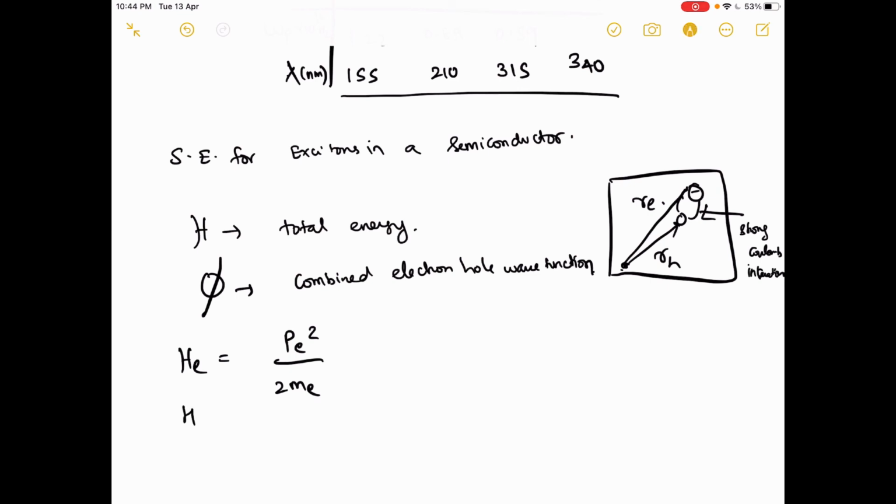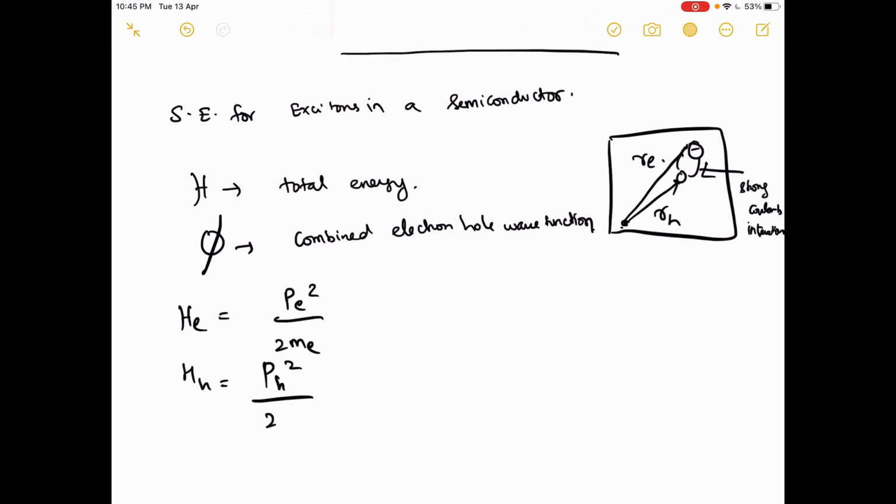And the whole Hamiltonian can be written as the hole momentum squared by the mass of the hole, and the total Hamiltonian is the summation of the electron energy plus the hole energy plus the Coulomb interaction between the electron and hole, right?